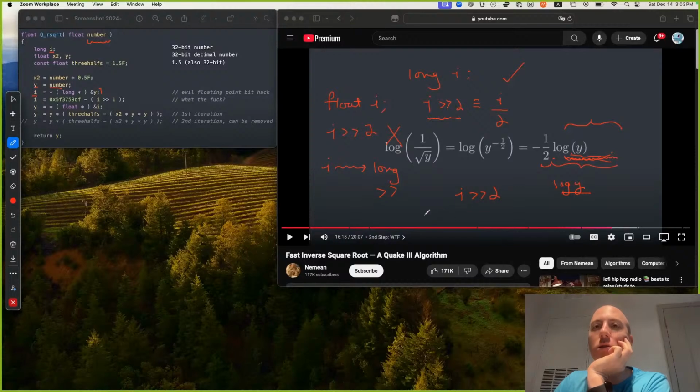That's closer to Y shifted over 2. But we want to shift the log of Y over by 2.